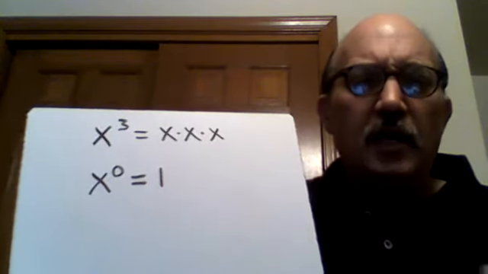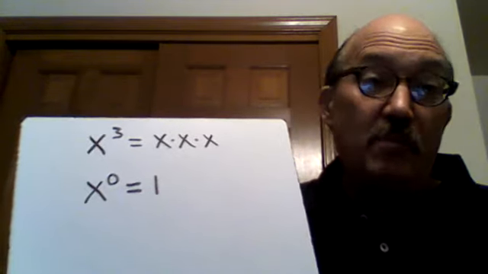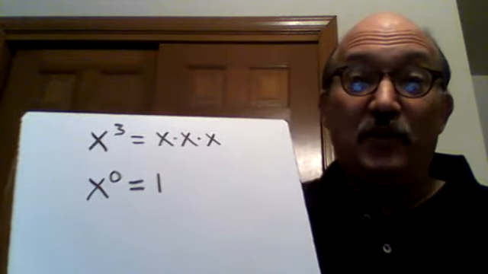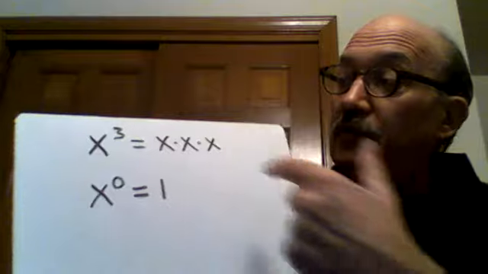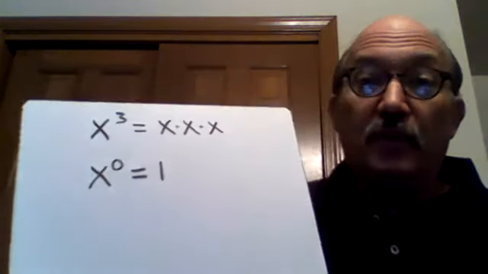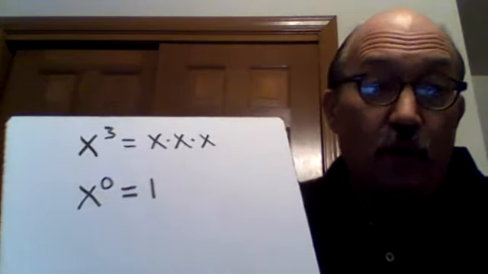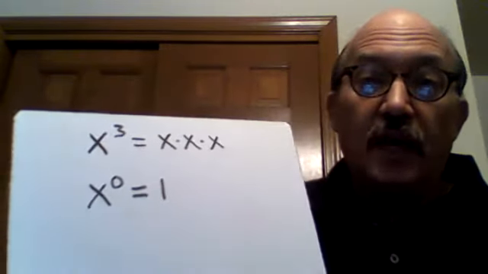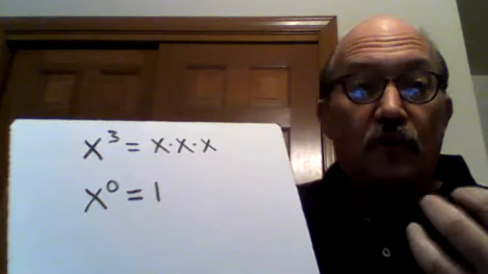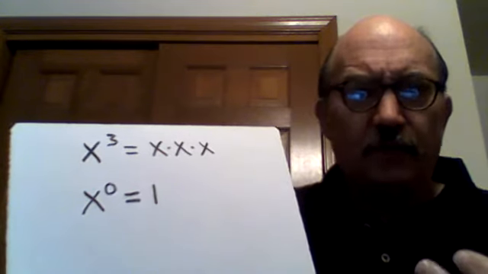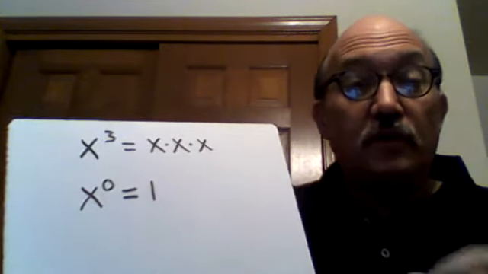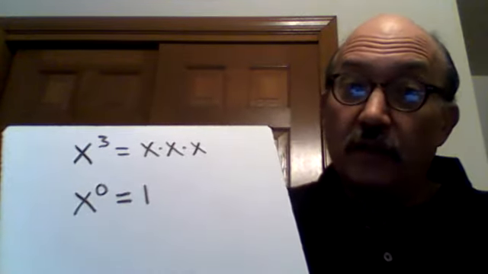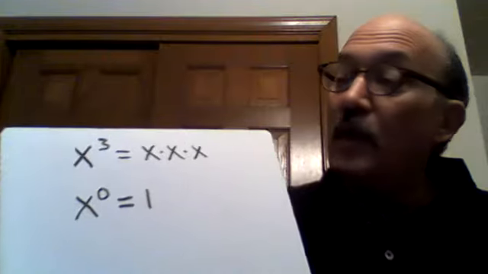We don't generally introduce students to exponents until maybe 5th grade, but there's no reason a third grader can't understand exponents, because x to the third, for example, is just an abbreviation for x times x times x, multiply three x's together. And we first learn about exponents when they are restricted to what are called the natural numbers. The natural numbers are 1, 2, 3, 4, 5, 6, and so on, not including 0.